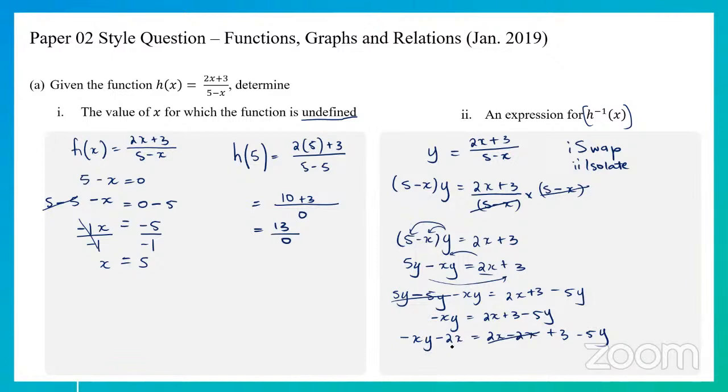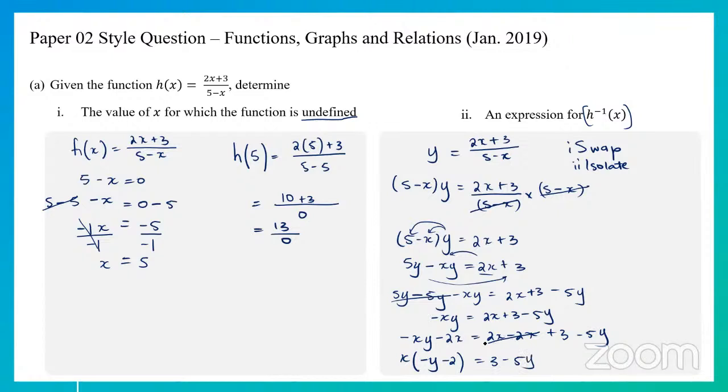I can factor out x right here. So x outside, and x going into negative xy is going to be negative y. x into negative 2x is going to be negative 2. And all of that, as we know, is equal to 3 minus 5y.